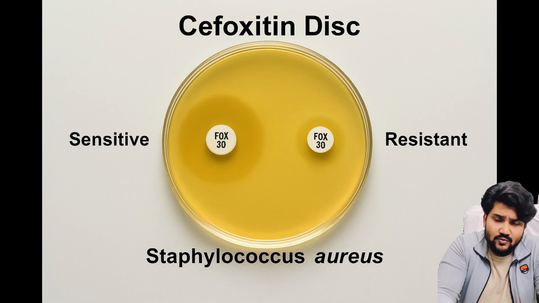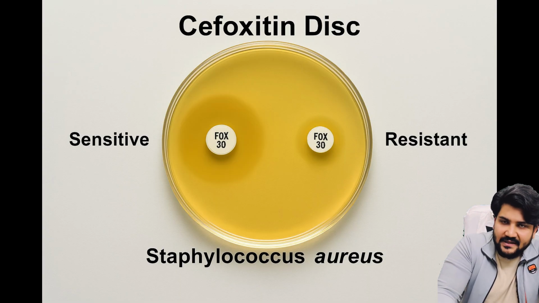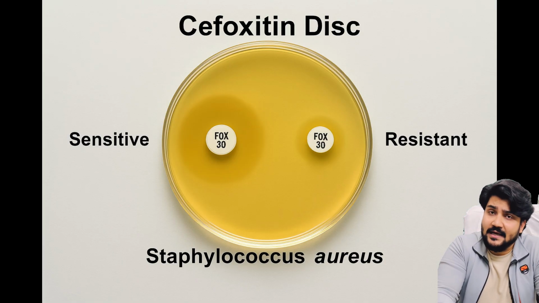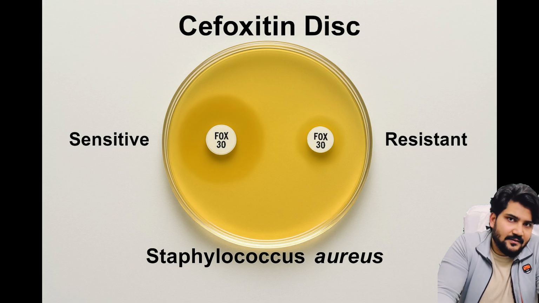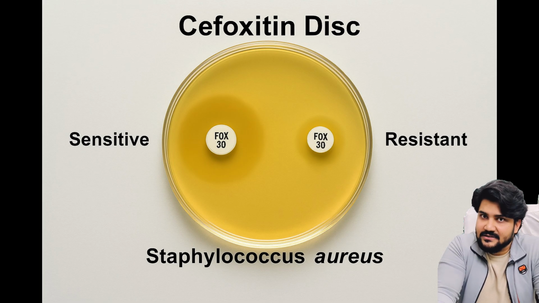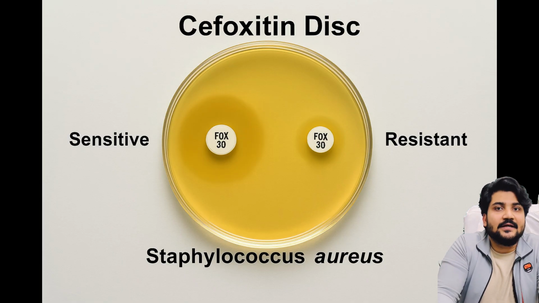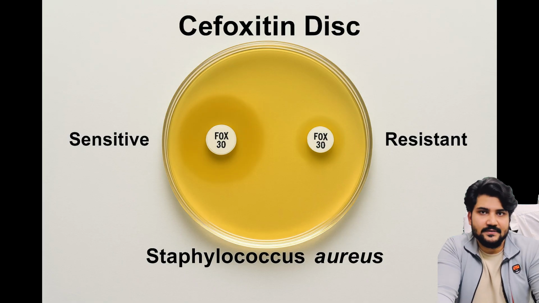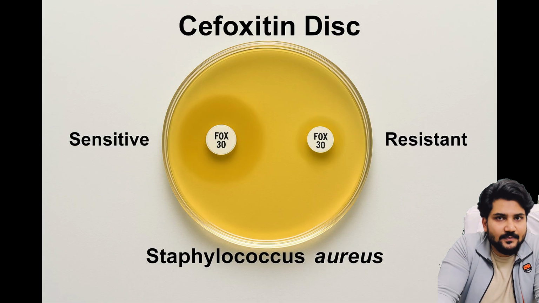That's why we use cefoxitin as a surrogate marker. If the organism is sensitive to the cefoxitin disc, then this is methicillin sensitive Staphylococcus aureus. If the cefoxitin disc is resistant, then it is methicillin resistant Staphylococcus aureus. So the detection you can do with the help of AST plates.